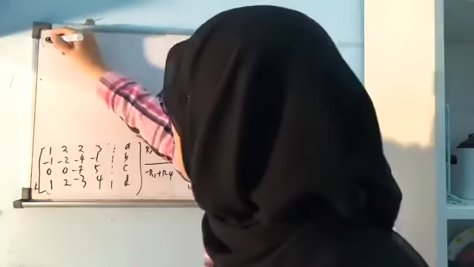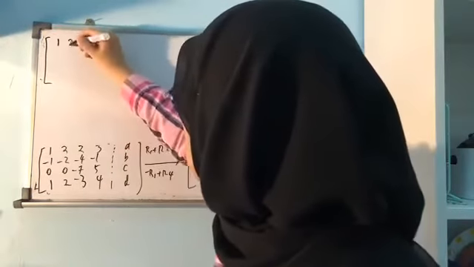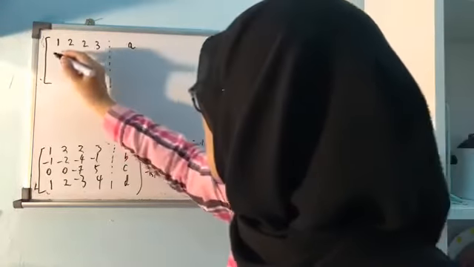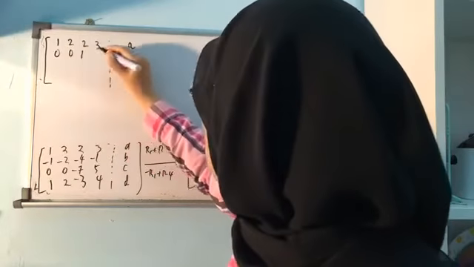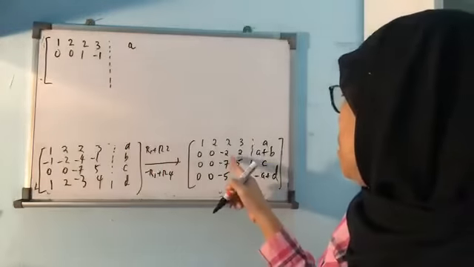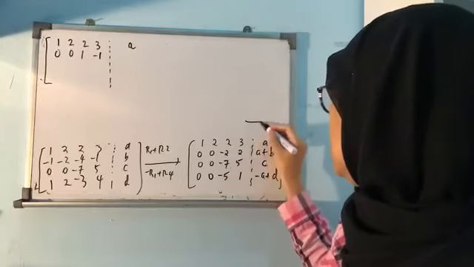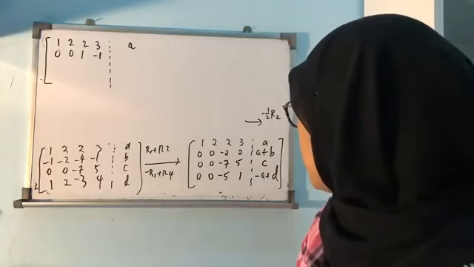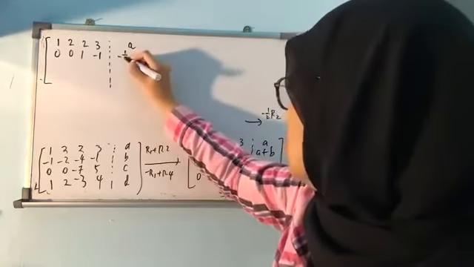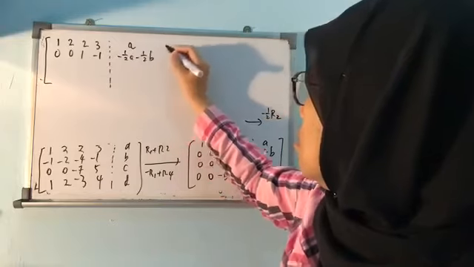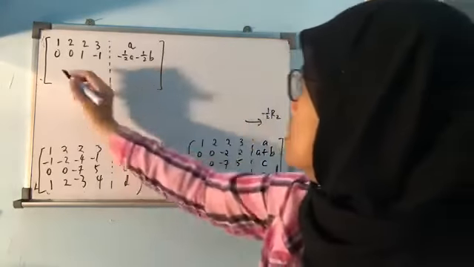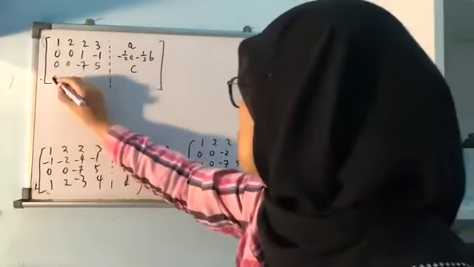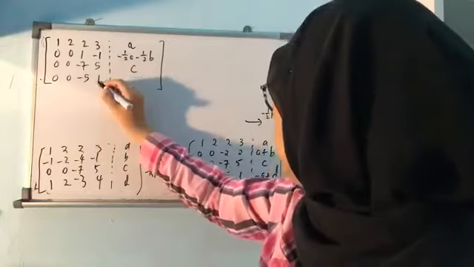So 1, 2, 2, 3, B. 0, 0, 1, negative 1. Negative 1 over 2 R2. 0, 0, negative 7, 5, C. 0, 0, negative 5, 1.